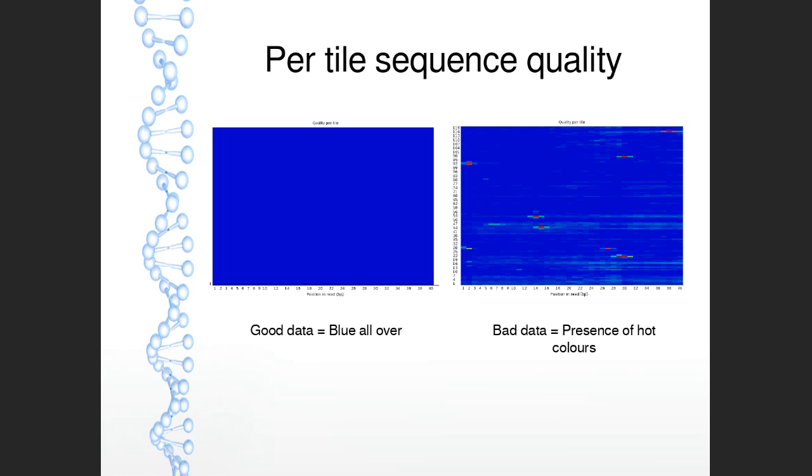But it's likely that we're going to have some lower quality reads present, and it's also possible these might cluster together on a particular position within our flow cell. So if we find that all of our low quality reads were generated in one particular position within our flow cell, it might indicate that position, that tile, had some problem with it.